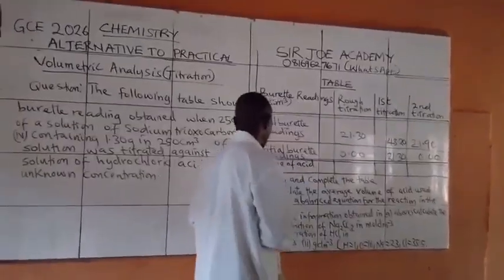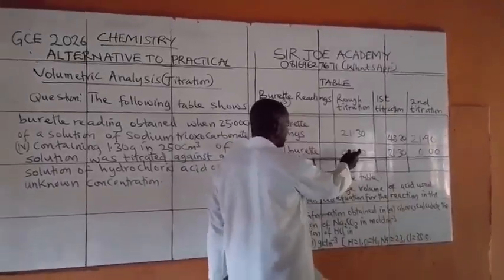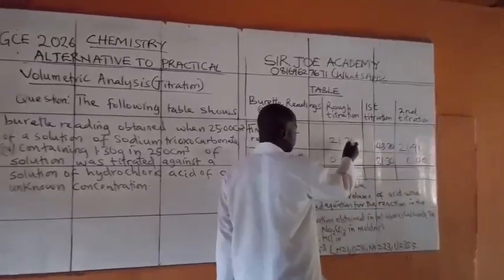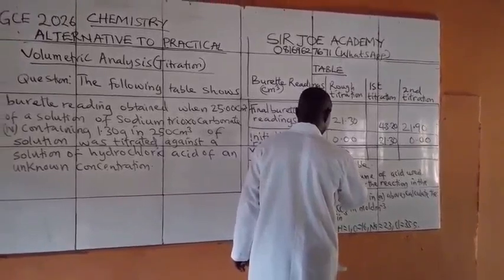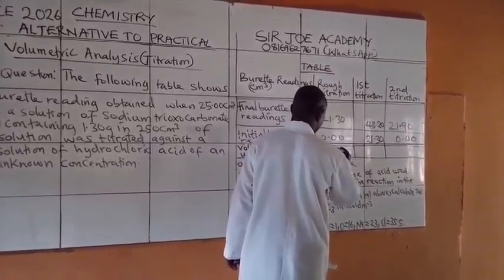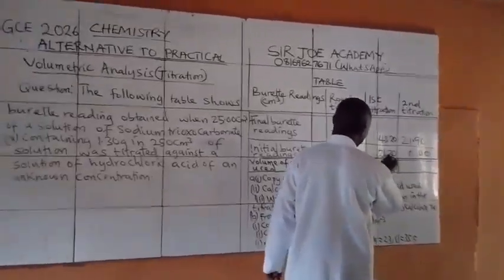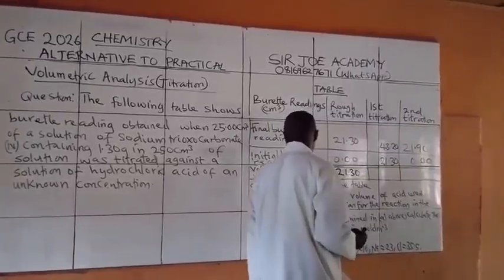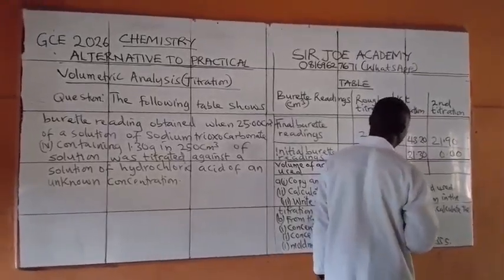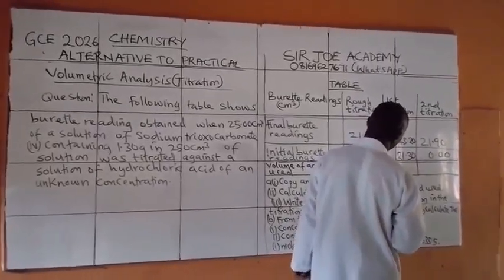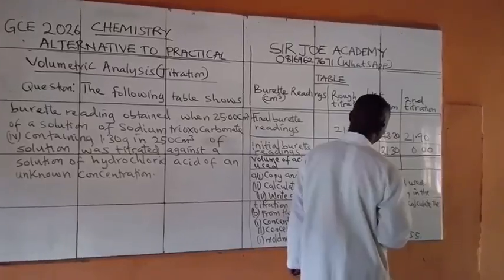In order to get the volume of acid used, we have to subtract 0.00 from 21.30 cm³. So the volume of acid used here is 21.30 cm³. Then here, for the volume of acid used, we have to subtract 21.30 from 43.20 cm³.